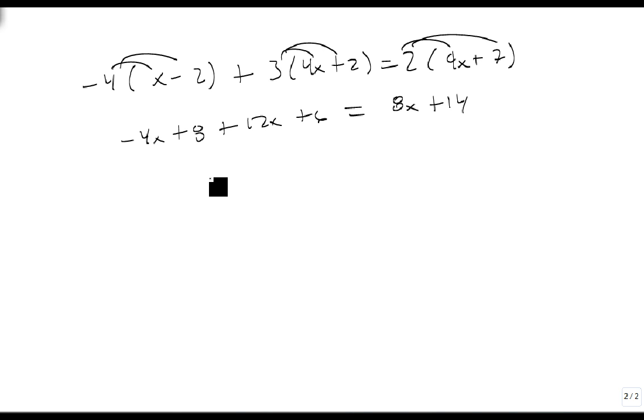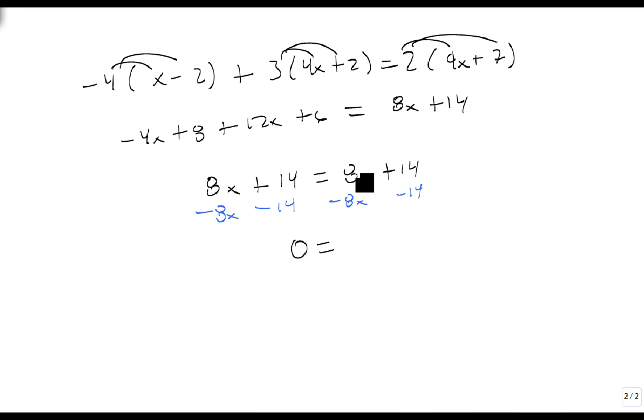Minus 4x plus 12x is 8x. 8 plus 6 is 14. I'm going to move my x's, and while I'm at it, I will move my 14s. And notice that 8x minus 8x is 0. 14 minus 14 is 0.